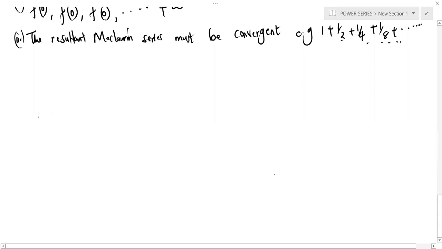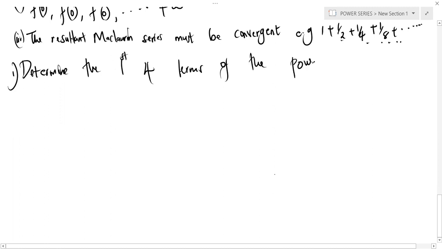Example 1: determine the first 4 terms of the power series for cos x. Now, since we are using the Maclaurin series, I want to write it here.